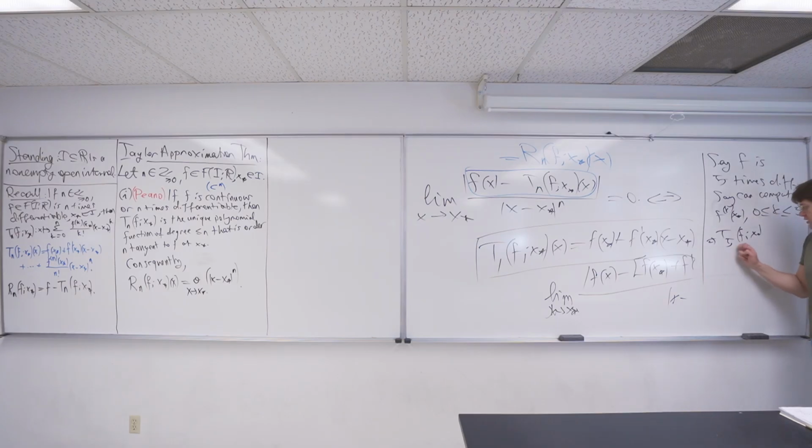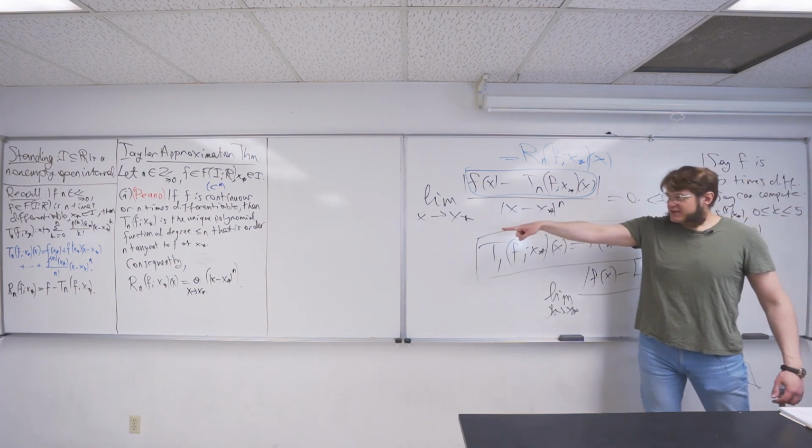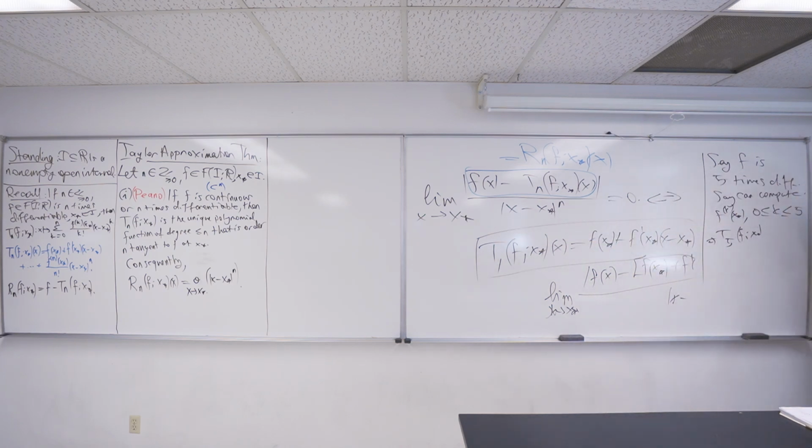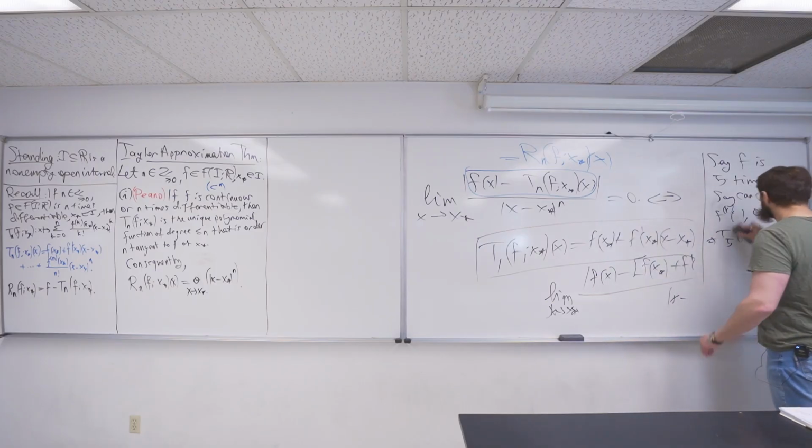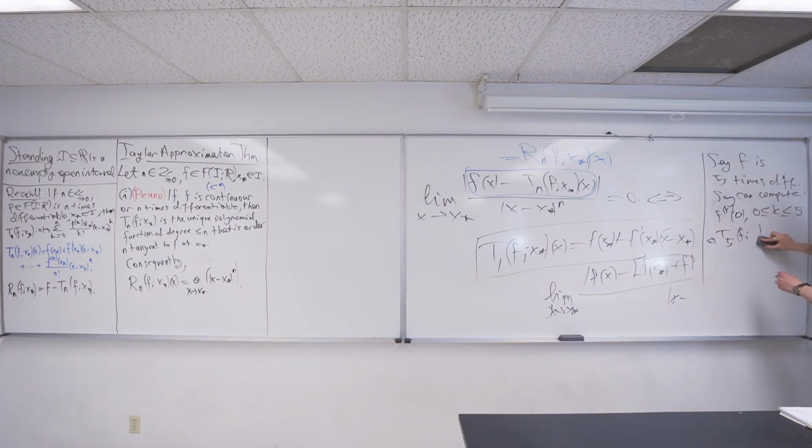And so this first item says this. Okay? You want to figure out what f of x is for x near x star. Say, in fact, x star is 0. Okay? So I chose x star to be 0.